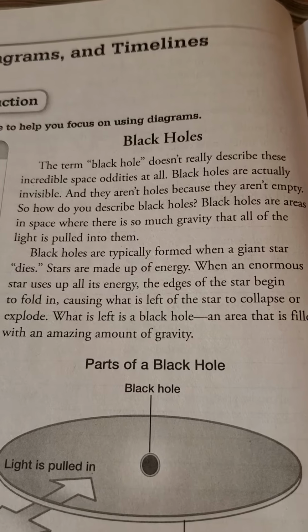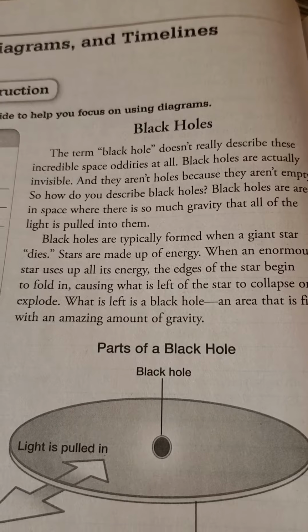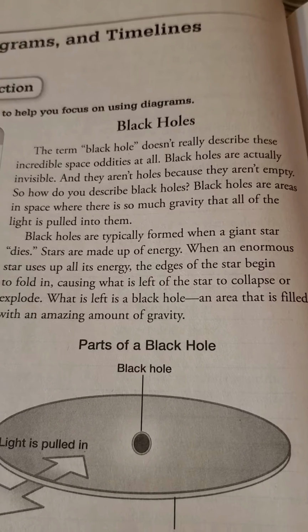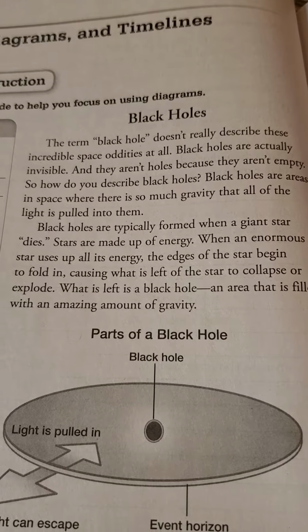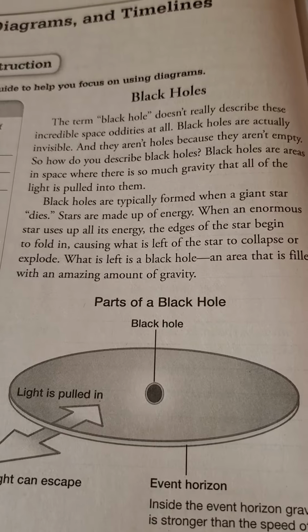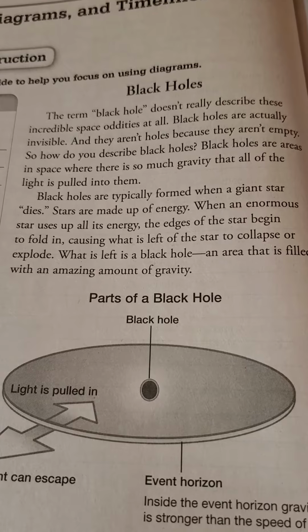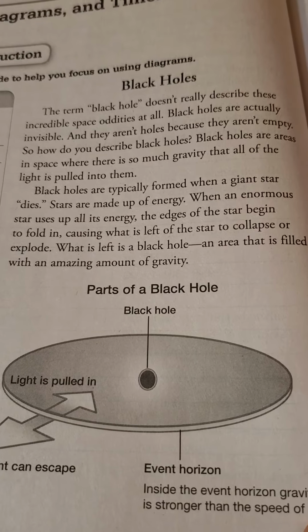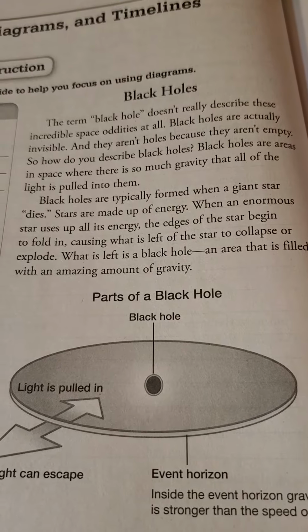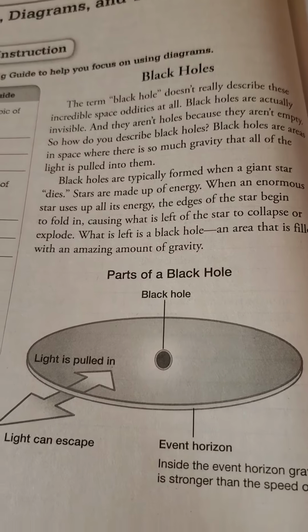Black holes are typically formed when a giant star dies. Stars are made up of energy. When an enormous star uses up all its energy, the edges of the star begin to fold in, causing what is left of the star to collapse or explode. What is left is a black hole, an area that is filled with an amazing amount of gravity.